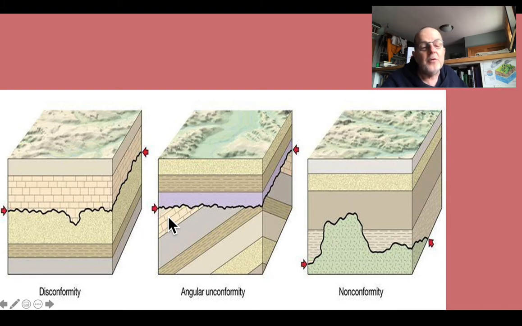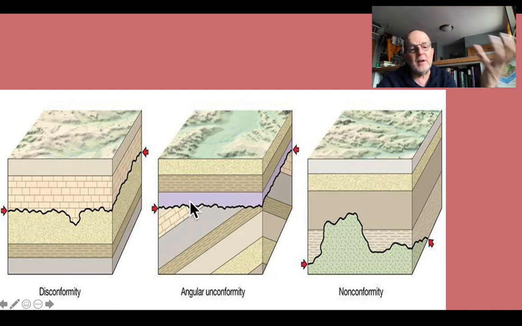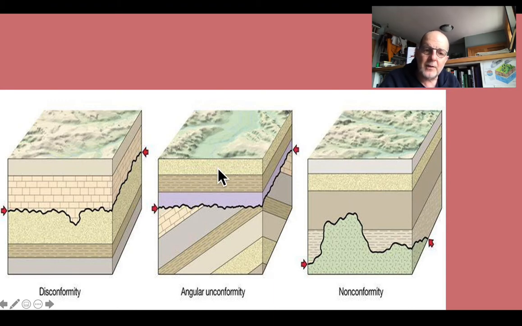Then a limestone, normally deposited in flat layers just like this. In this case, they got tilted. They're tilted and lifted above the surface of the sea, eroded, then sea level rises, and you get new layers. Angular unconformity. They're unconformable. The sequence of rocks has been broken.